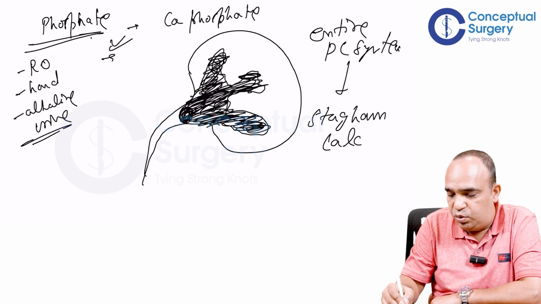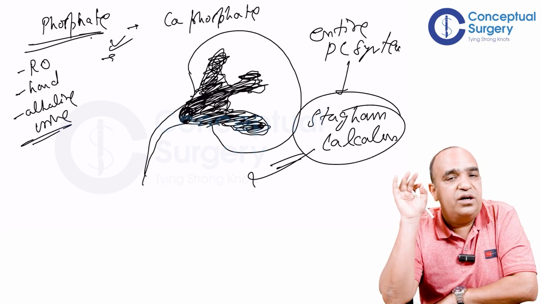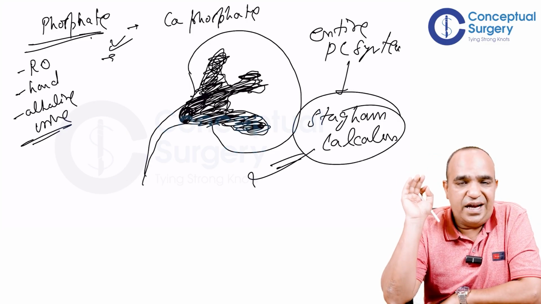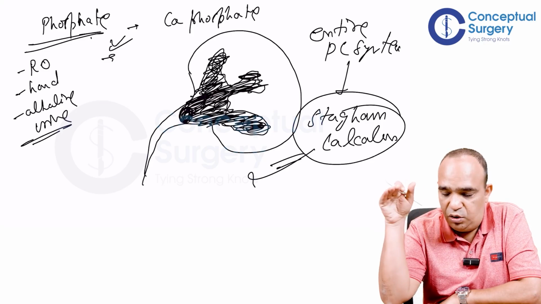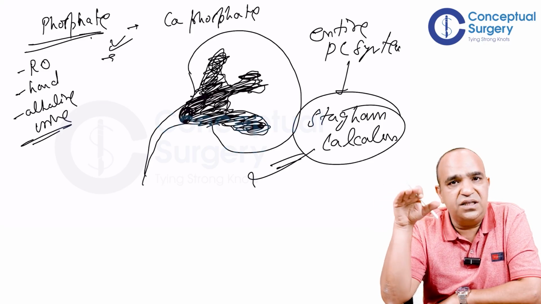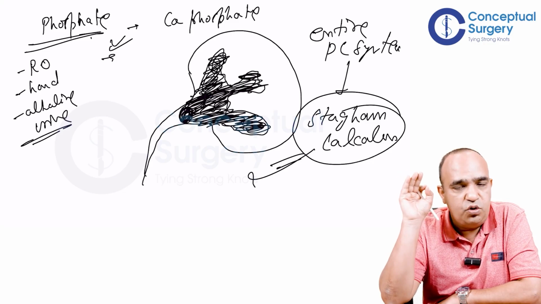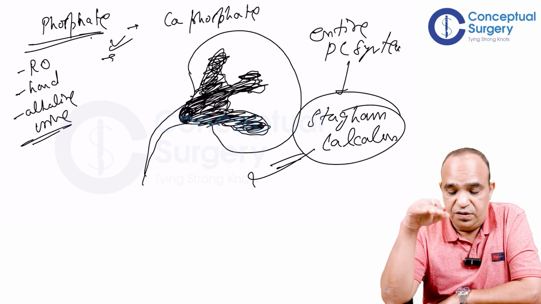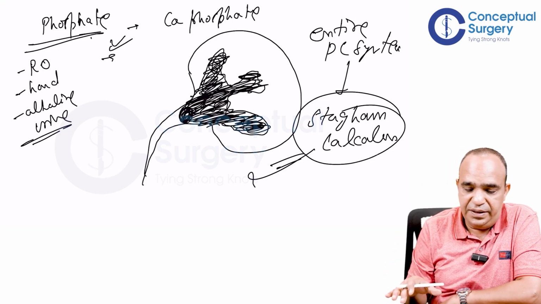All of you know about it. Very popular term. So you should know what is staghorn. Staghorn is a triple phosphate stone. Staghorn basically means the shape. It is like the horns, right? So it fills up the entire pelvicalyceal system. The most difficult stone, because the entire system is obstructed, right?